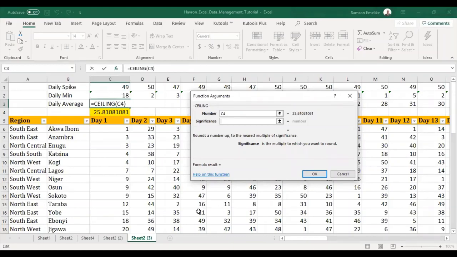Okay, so just give me a minute. Let me just... okay, so with respect to that, what we have here now, first of all, please, can you people see this function argument dialog box?